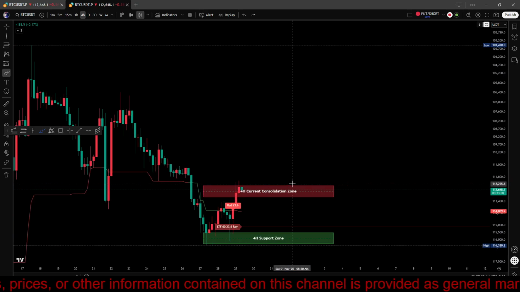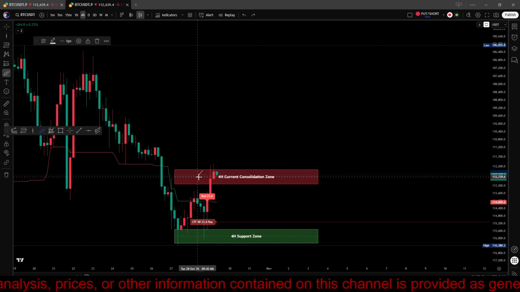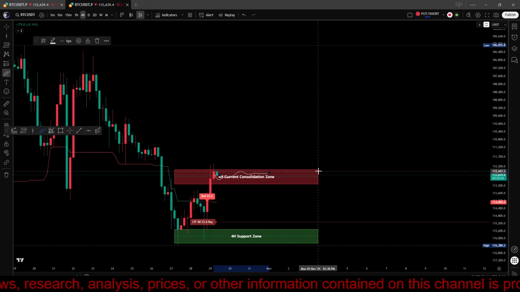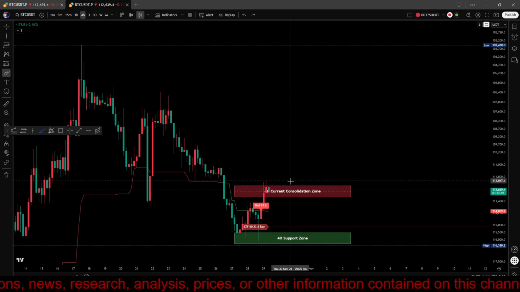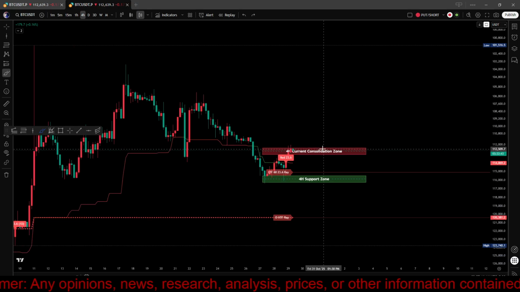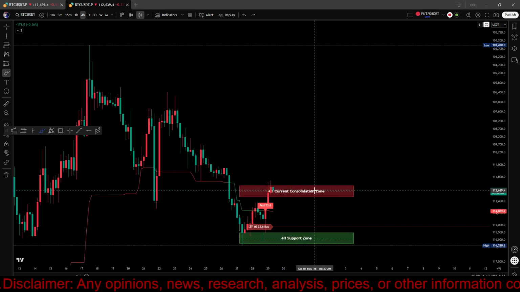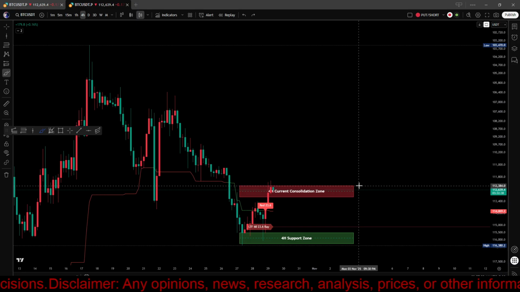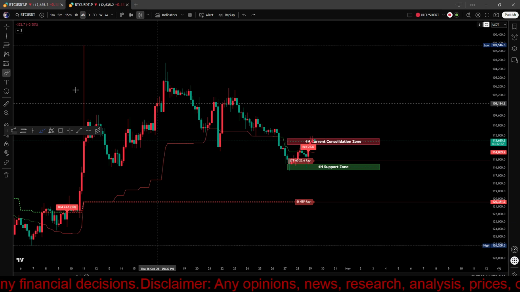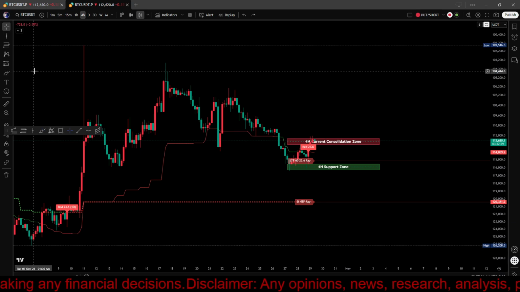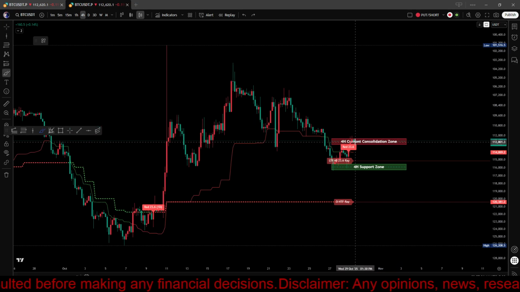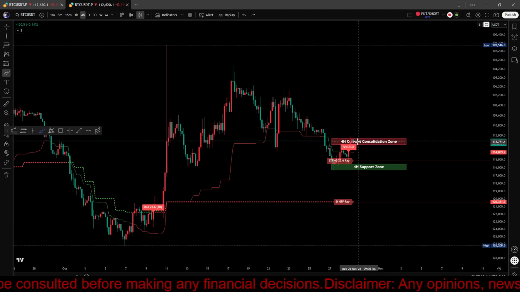If price consolidates and remains in this zone, then we have a chance that once it stabilizes here and breaks through this level, the upper one, we might see some downside move, maybe not a major move, but there is a probability for the downside.